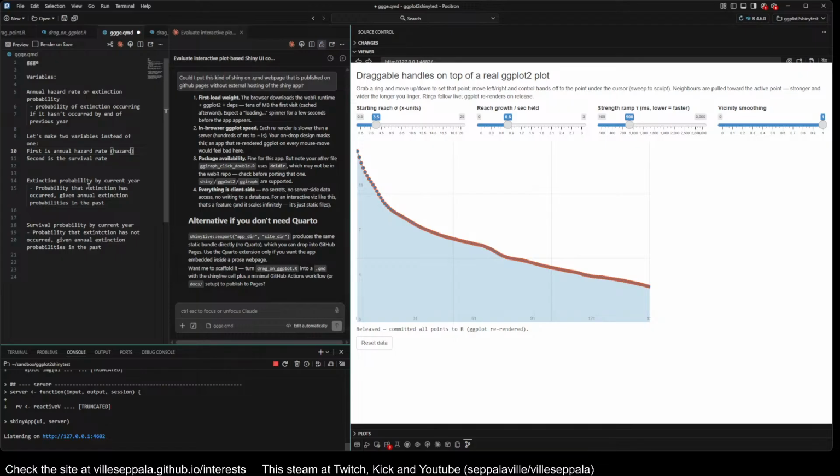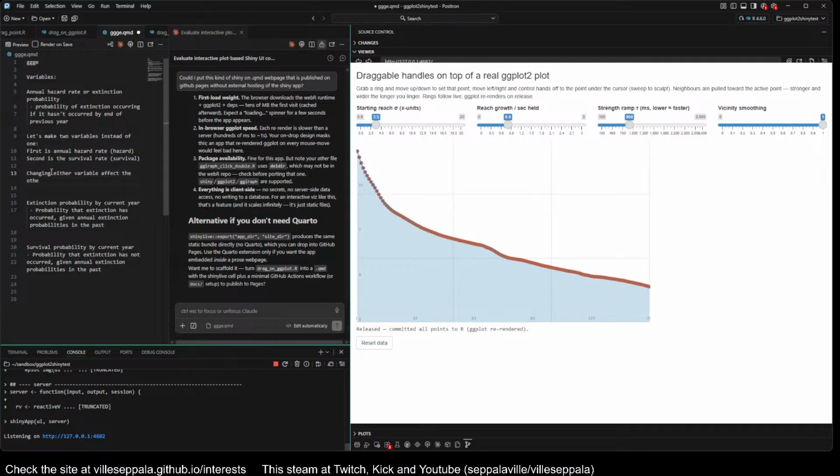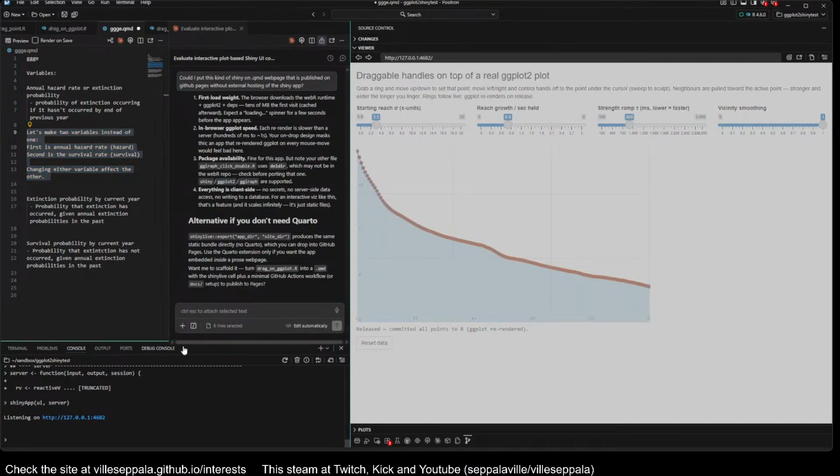So we're just gonna call this hazard, survival. I think I need to explain it a little bit. So this is very minimal now, and I kind of want to see how Claude handles this.